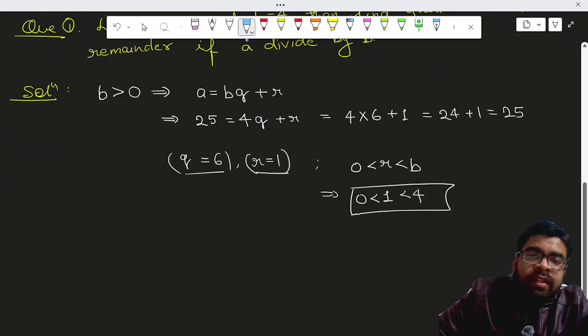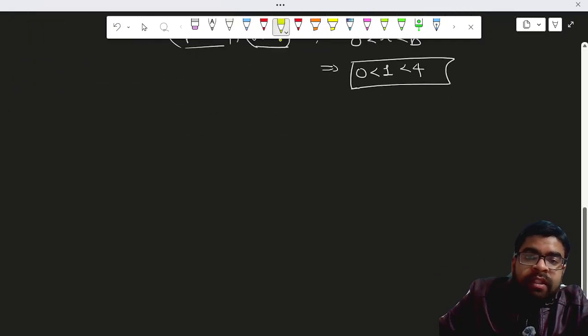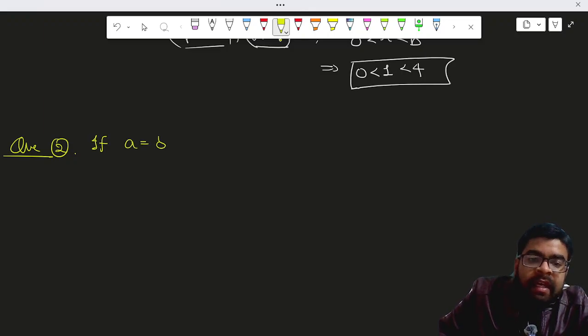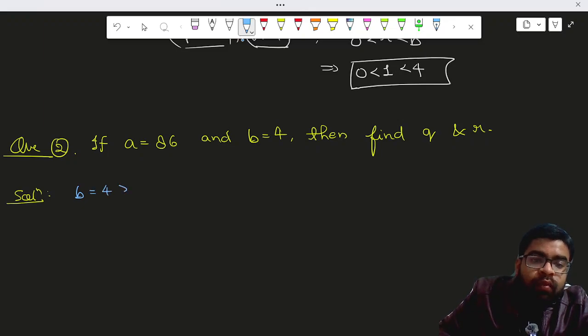For example, एक और example देखते हैं इसका. Right now the question number 2. If a is equal to 86 and b is equal to 4, then find q and r. So in this case we can see that b is equal to 4 is greater than 0, so we can use our division algorithm.